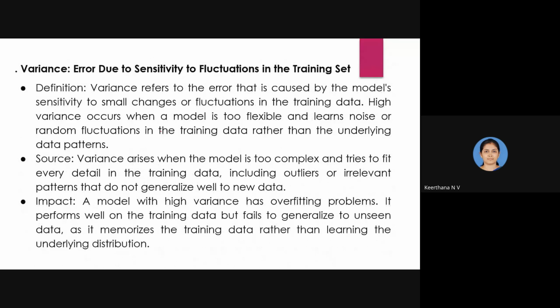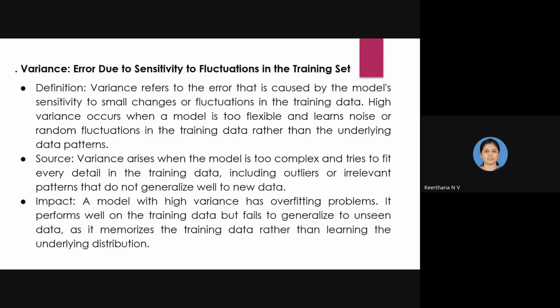So next thing, the variance. How do you understand the variance? Variance is the measure of model sensitivity to small fluctuations in the training set. High variance means the model predictions vary widely in different training data sets, that is, random fluctuations in the training data set refer to high variance.